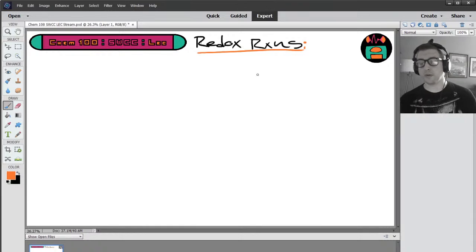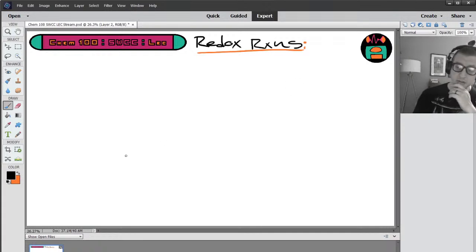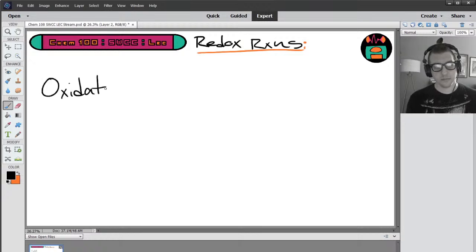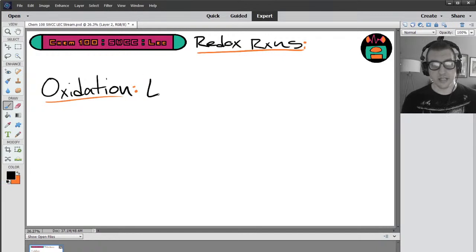All right, redox reactions. Just by way of reminder, we said that redox reactions are reactions in which electrons are exchanged, and that when something is oxidized, or undergoes oxidation, there is a loss of electrons.